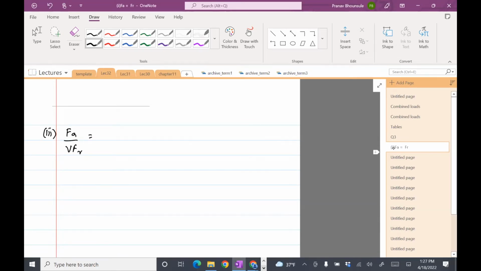FA was 400. V we saw was 1. Outer ring is stationary, gives V equals 1. FR is 500. So that is 0.8.